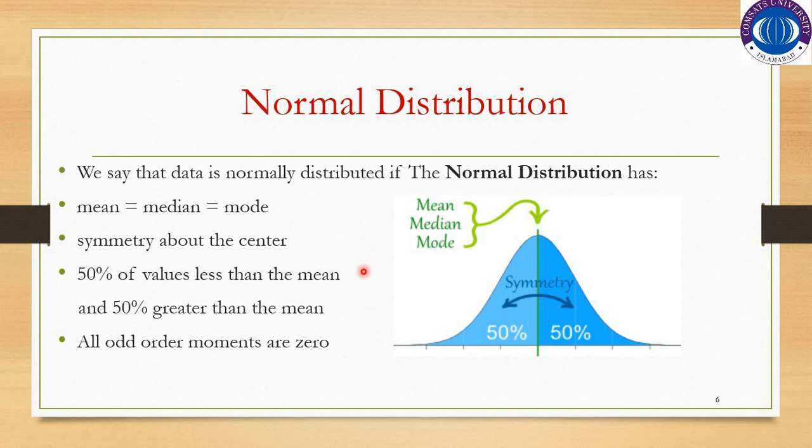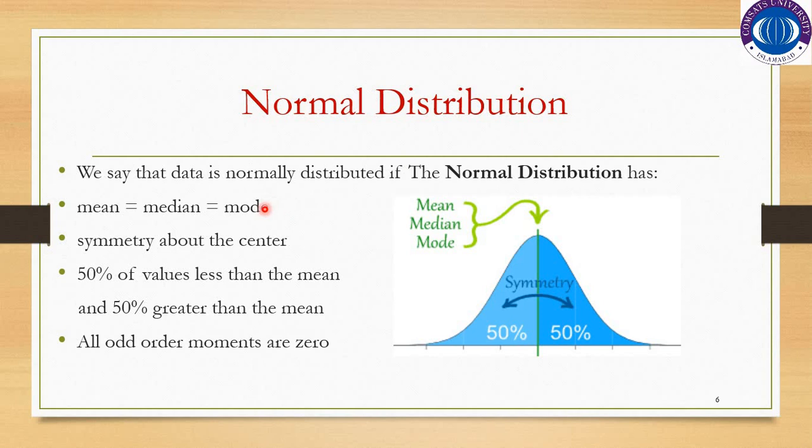We say that data is normally distributed if the distribution has the following properties. As we have discussed in the previous part, just for the sake of revision, mean should be equal to median and equal to mode.